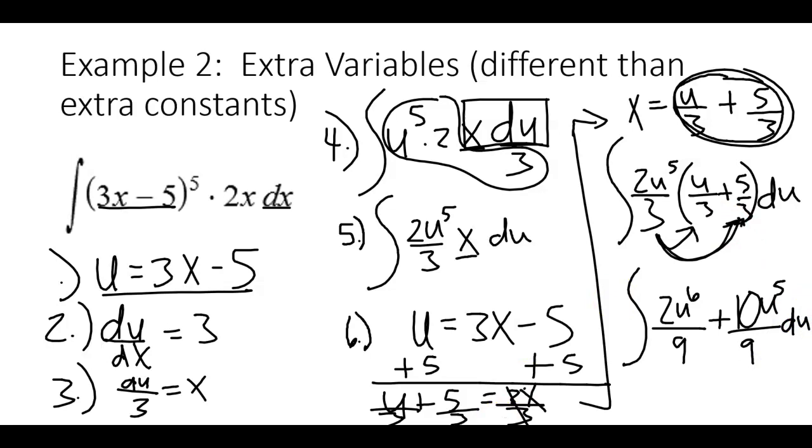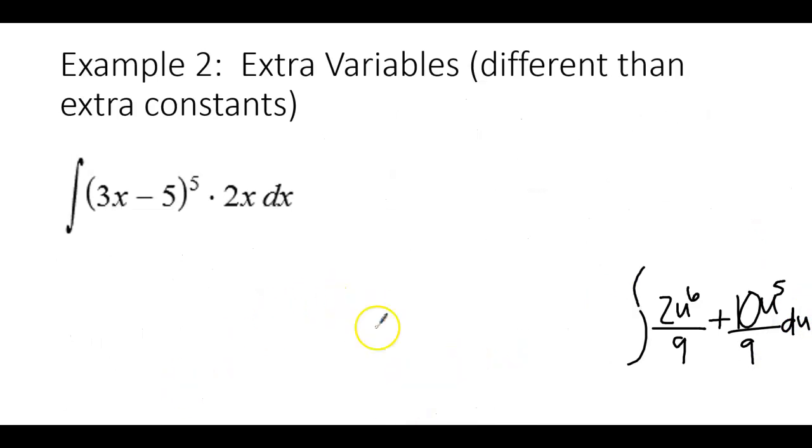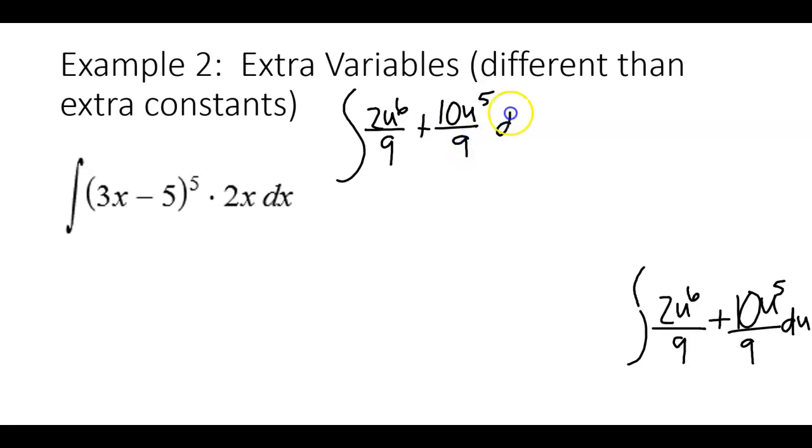Now, once you've gotten to that point, step 7 is to go ahead and integrate. So I think I'll start fresh up here real quick. Okay, so now we're ready to integrate. So with integration, we're going to add 1 to the power, which is 7.